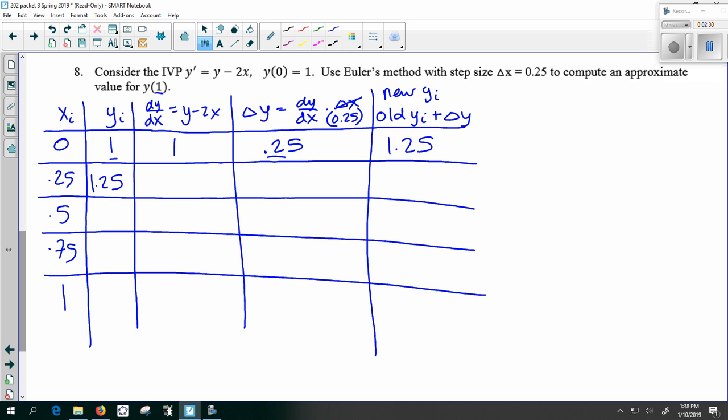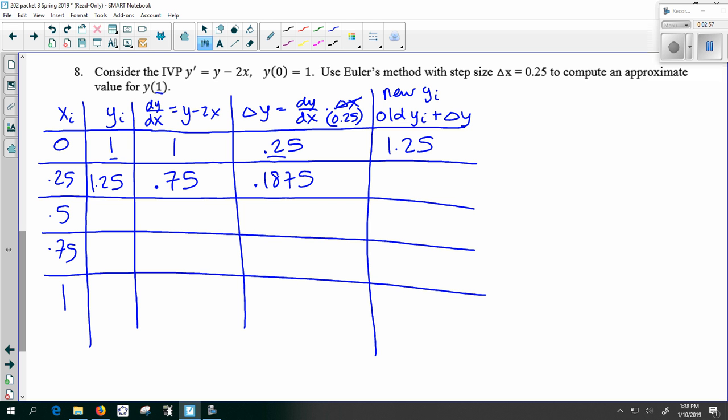And then I take that 1.25, that's my new y_i. Calculate dy/dx based on my new x and my new y. My new x is 0.25, my new y is 1.25. So I do 1.25 minus 2 times a quarter. So it's 1 1/4 minus a half, which is 0.75. Calculate my change in y, which is my dy/dx, 0.75, times 0.25, which is 0.1875.